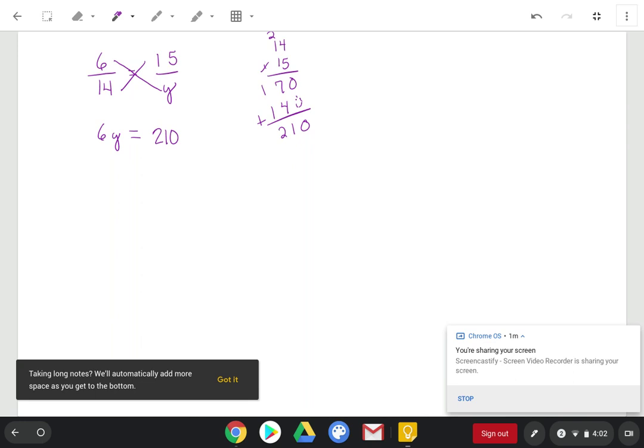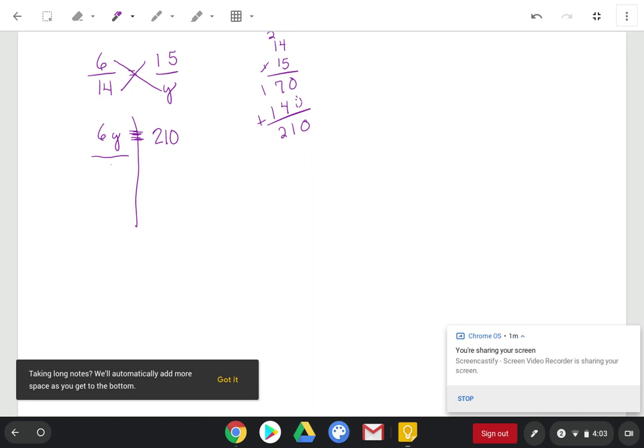So our goal when we're trying to solve an equation is to get the variable by itself. Notice we have two sides of the equation. On the left-hand side, we have 6y. On the right-hand side, we have 210. So on the left-hand side, that y is being multiplied by 6. We're going to do the inverse or the reverse of multiplication, which is division.